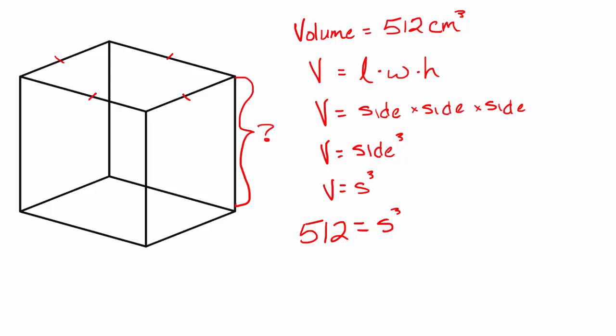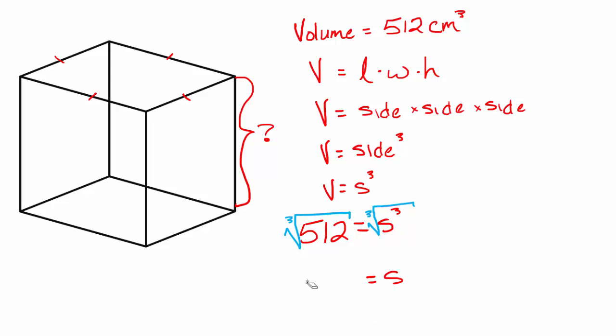Going back to what we know about equations, we undo equations by using inverse operations. The inverse of cubing a number is taking the cube root, so the cube root of side cubed is just side.